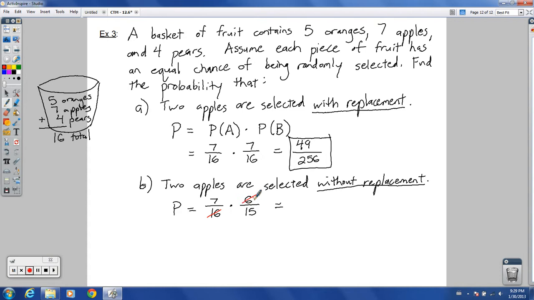We can just do this and this, and because 6 and 16 are both divisible by the same number, the biggest number that goes into both of those is going to be 2, and so this would be a 3, and this could change to an 8. Now I can't cancel or reduce 7/8. I can reduce 3 and 15 though, so I should do that as well. So I'm going to reduce this again to 1 and a 5.